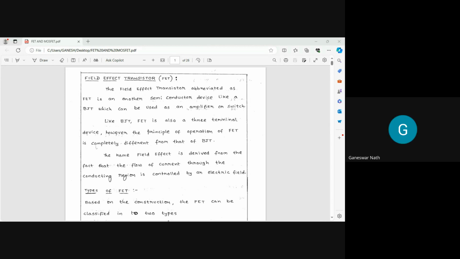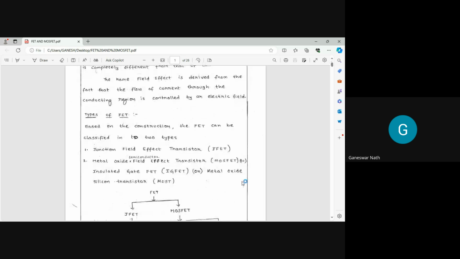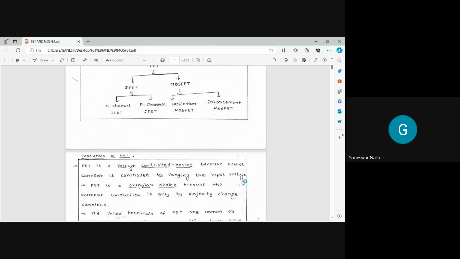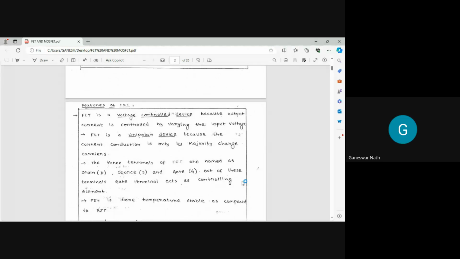Is the slide visible? Yes, sir, visible. Is the screen visible to all? Yes, sir. Is the slide moving now? Yes, sir, it's moving. Okay.